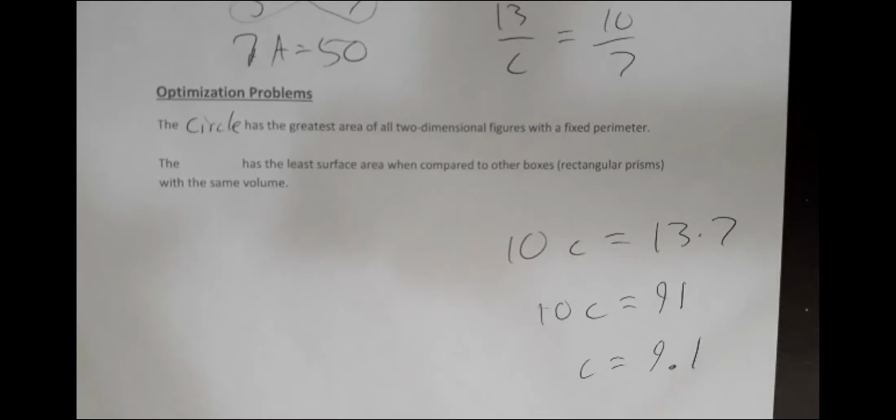And the blank has the least surface area when compared to other boxes with the same volume. So what has the least surface area compared to volume? That one would be the cube.